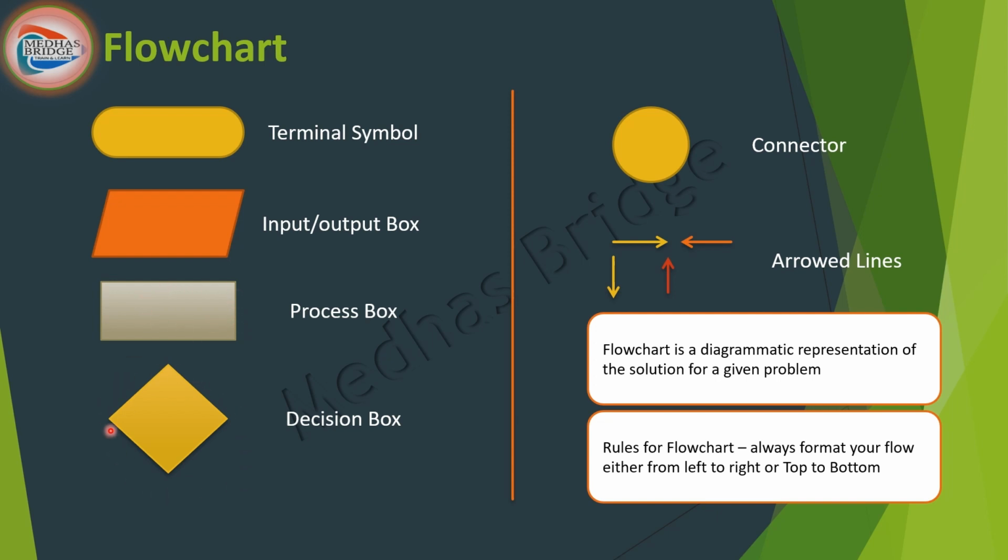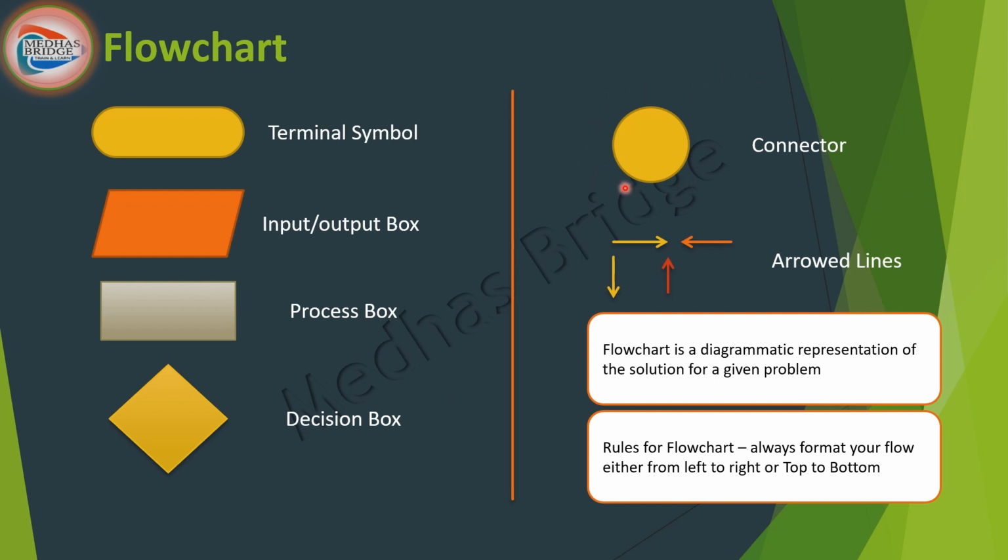This is what we can call a decision box, a diamond shaped symbol, which is used to represent conditional statement constructs. Each such box has two exit points, either true or false. Alright. Based on the condition, the flow will change.